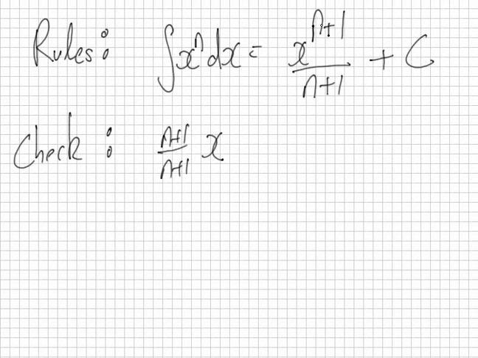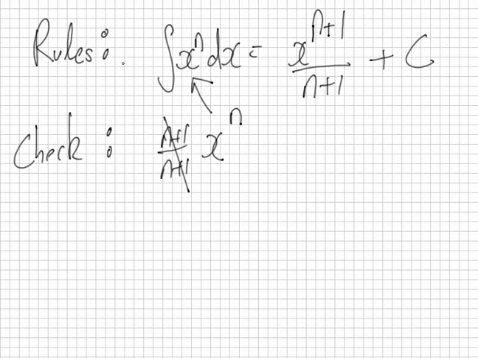So instead of n plus 1, it will now be n plus 1 minus 1, so just n. But these cancel, and you see I am left with the original. So anyways, I won't do this for each rule, but my point I'm making is you can very easily check that the rule works because the derivative of the rule should give you the original. So that's the first rule.